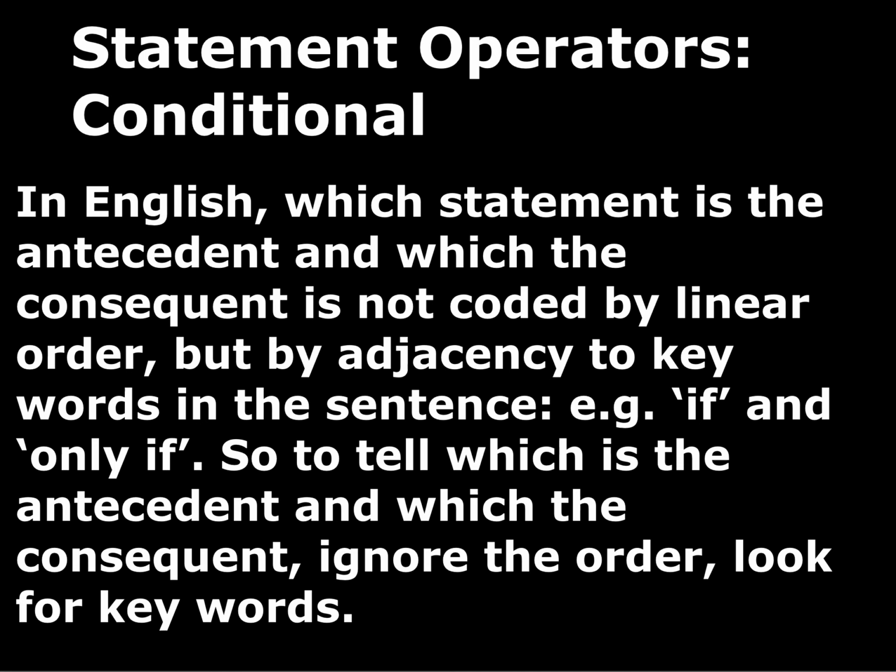Rather, English uses adjacency to some key words: which component appears right after the if, or right after only if. So to tell which is the antecedent and which is the consequent in natural language, you ignore the left-right order. You don't care which one shows up first. What you do is you look for those keywords and you see which components show up immediately following those keywords.